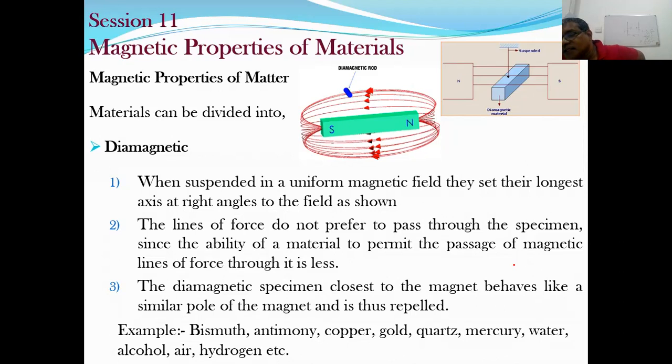How are we going to identify whether this is a diamagnetic material or a paramagnetic material? Consider the attraction and repulsion of poles of the metals. Yes, good.